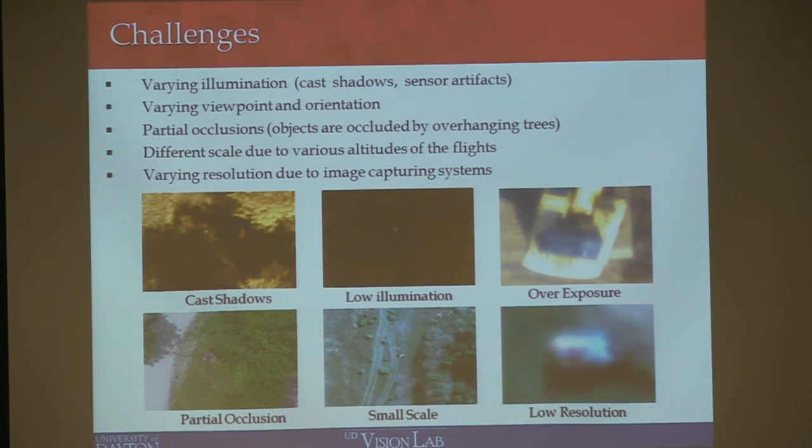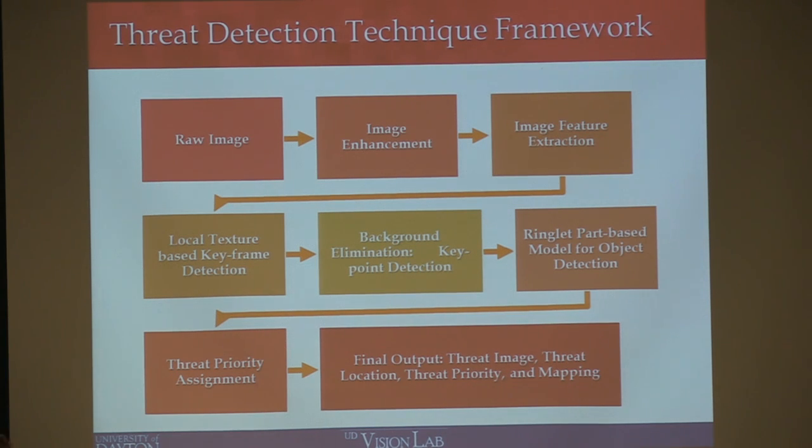Then other issues like lighting issues, shadows, illumination problems, overexposure, which is as bad as low lighting, and sometimes occlusions, overhanging vegetation, the scale because of the altitude, then the resolution because of the type of data acquisition devices. So all these issues have to be handled in this process.